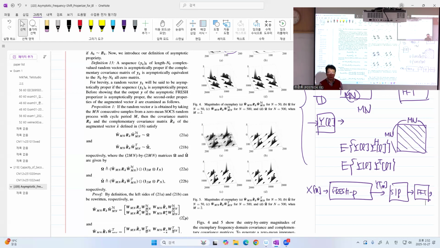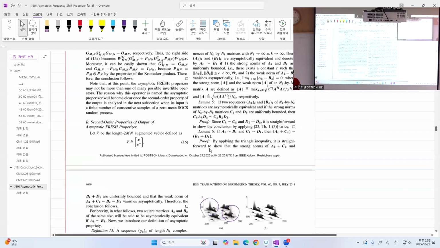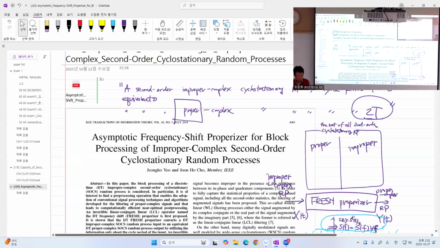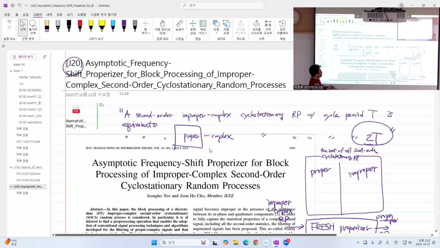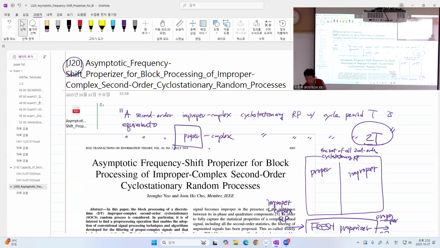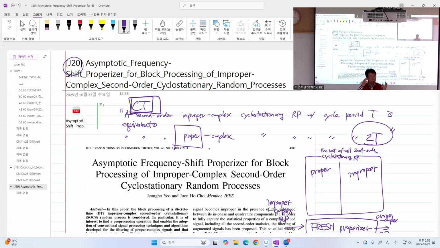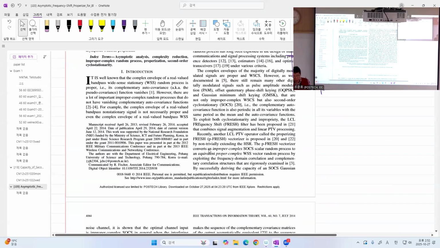Got it? So this paper showed something very, very interesting. The first one was this one, and this one is for the continuous time case. And we move our interest to the discrete time case and also the vector case. So it's like you have three types of signals in signals and systems.